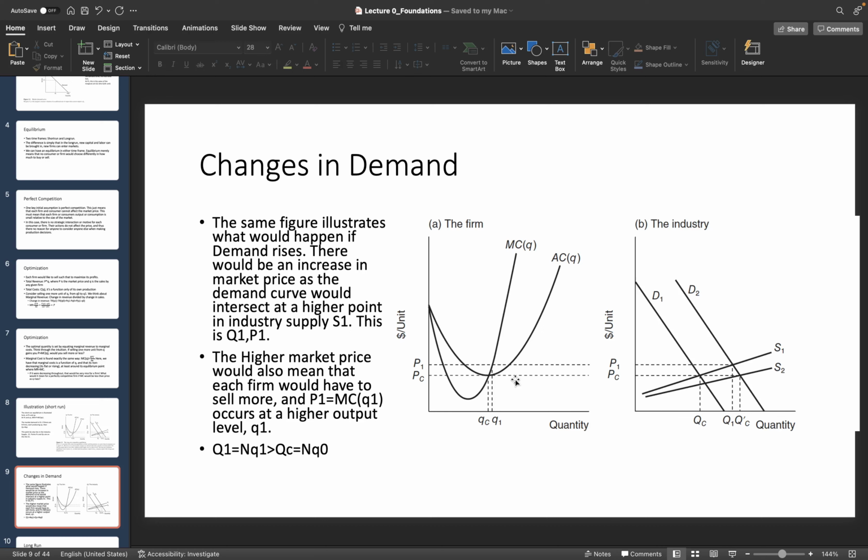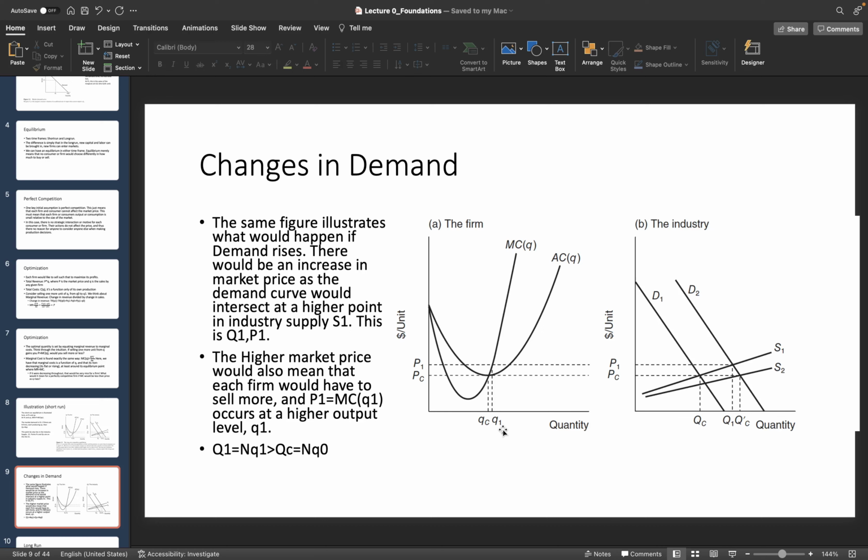In fact, that's exactly how this line, S1, is produced, because this is just n times whatever the small q is. Now, the higher market price at P1, well, we already discussed this. Each firm would sell more at a higher output q1.